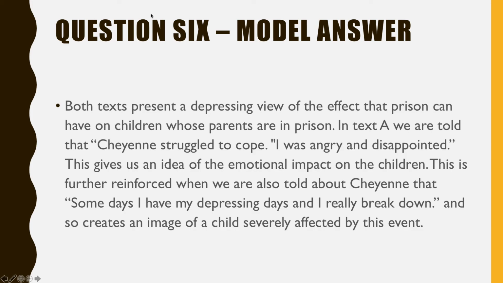I was angry and disappointed. This gives us an idea of the emotional impact on the children. This is further reinforced, so we've got that linking phrase, one text, one quotation, and the next, when we're also told about Cheyenne that some days I have my depressing days, I really break down. So this creates an image of a child severely emotionally affected by the event of her mother being in prison.